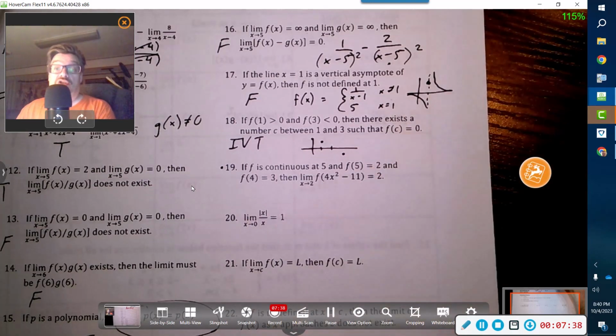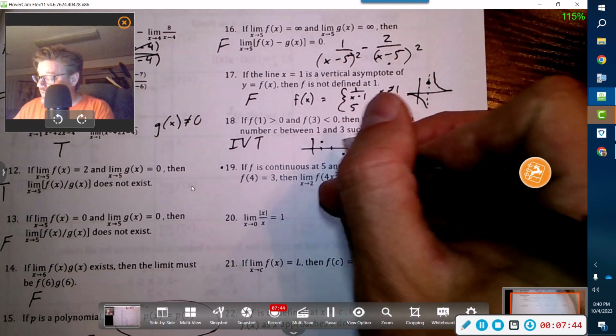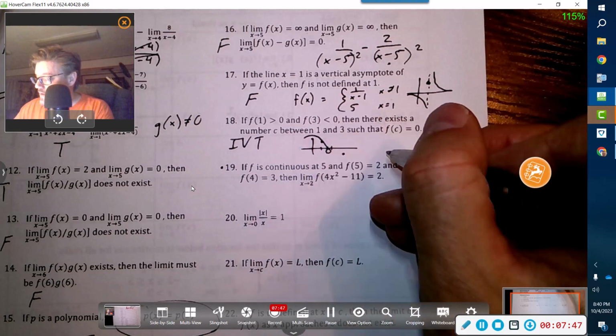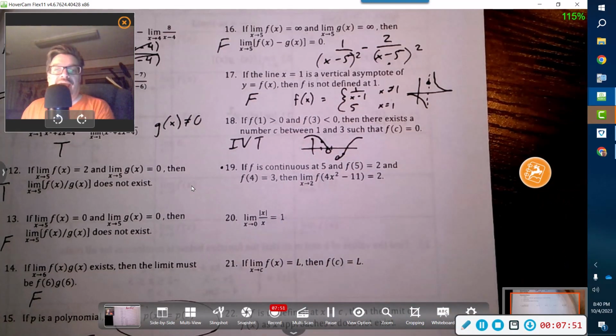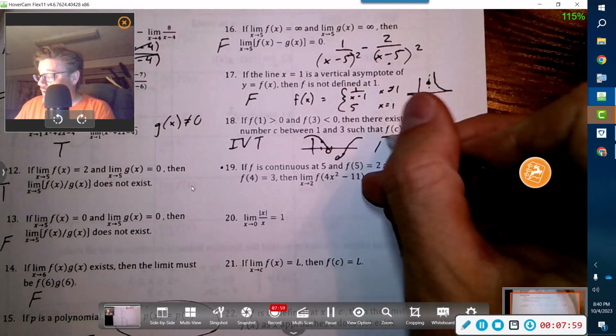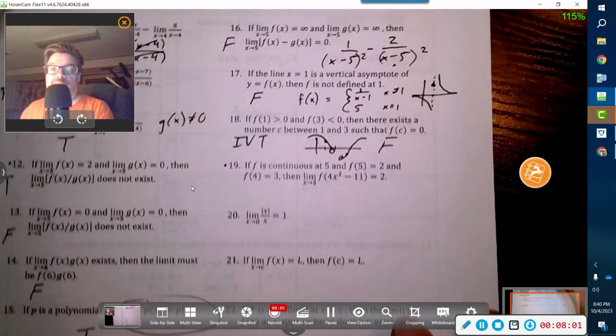It should have said if f is continuous. Okay, we could have a function that looks like this. And we are not guaranteed anything because it did not say continuity. That's why that first condition is so important. So this guy is false. Okay, that's another tricky one.